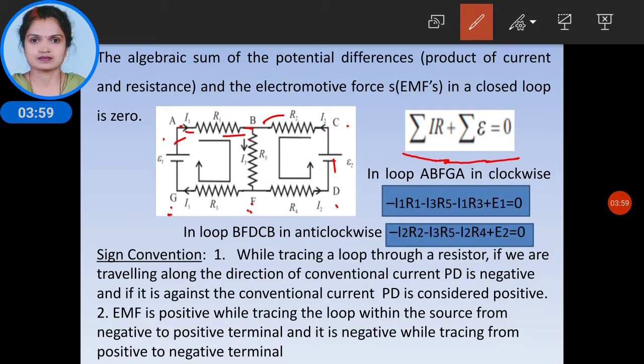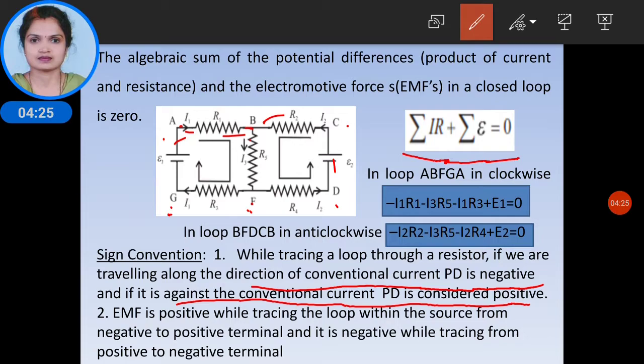While taking the product of current and resistance, while tracing the loop through the resistors, if we are traveling along the direction of conventional current, the potential difference, that is multiplication of current into resistance, is negative, and if it is against the conventional current, the potential difference is considered positive. Now in this case, from A to B, current is I1, the direction of which is conventional current.